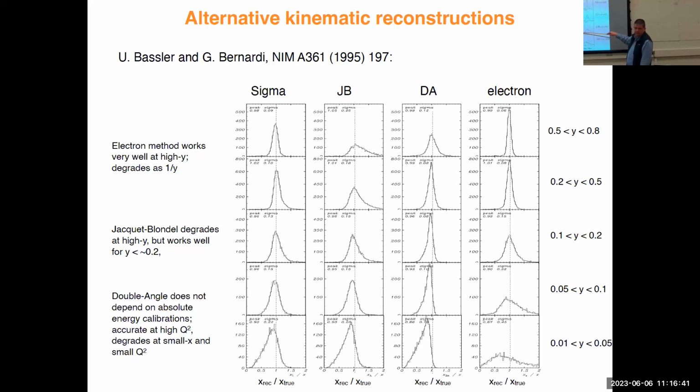Okay, it has a bias to it, in this case, as it was studied, but perhaps that's correctable. So these types of trade-offs are worthwhile, and they only come about from different ways of looking at the kinematics in the end. And then this double angle method is maybe unsurprisingly something that works remarkably well for these highest Q-squared events, where energies are particularly high.